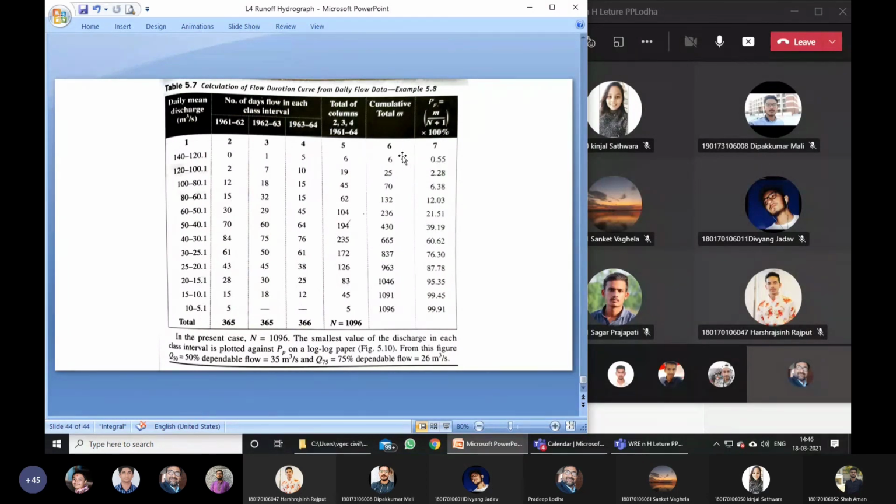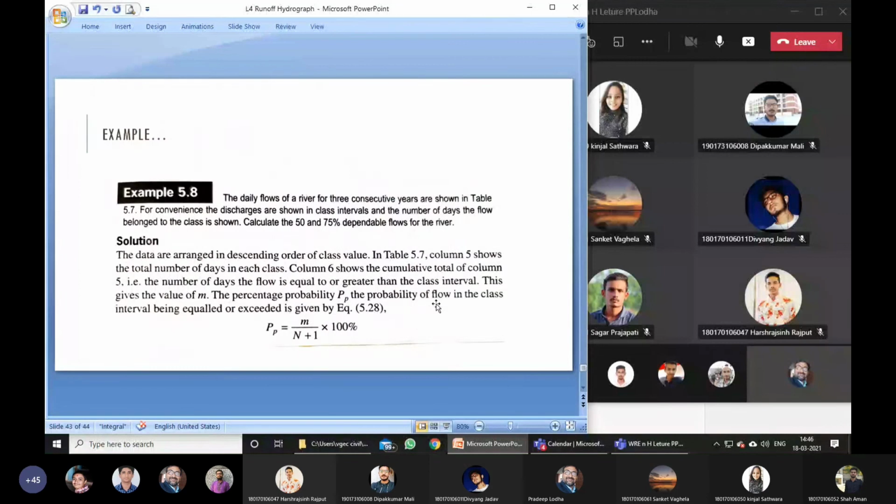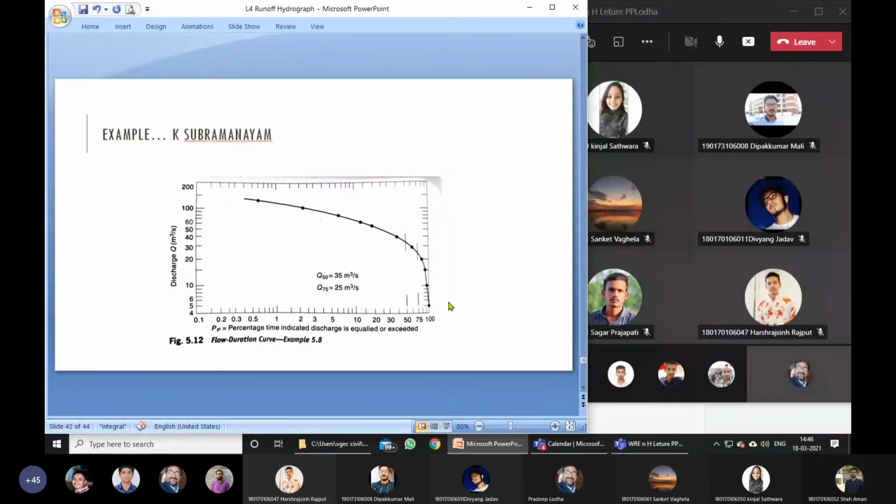Here n is 1096 total, number of columns +1, into 100. ये वैल्यूज आई है यहाँ पे. ये वैल्यूज को हम यहाँ पे ड्रॉ कर रहे हैं, तो ये ग्राफ मिल रहा है. तो ये FDC है. ये क्वेश्चन जो लास्ट दिया हुआ है आपका, ट्यूटोरियल 6 का जो लास्ट न्यूमेरिकल है वो यही है.